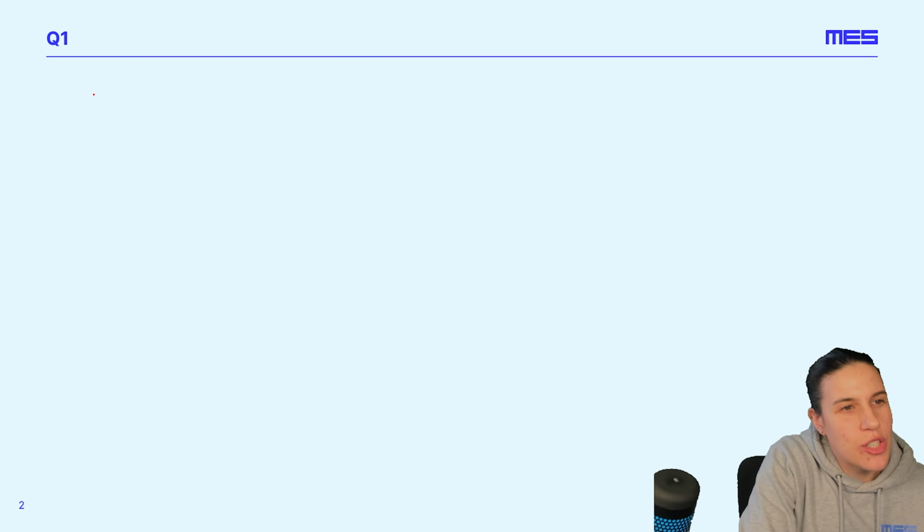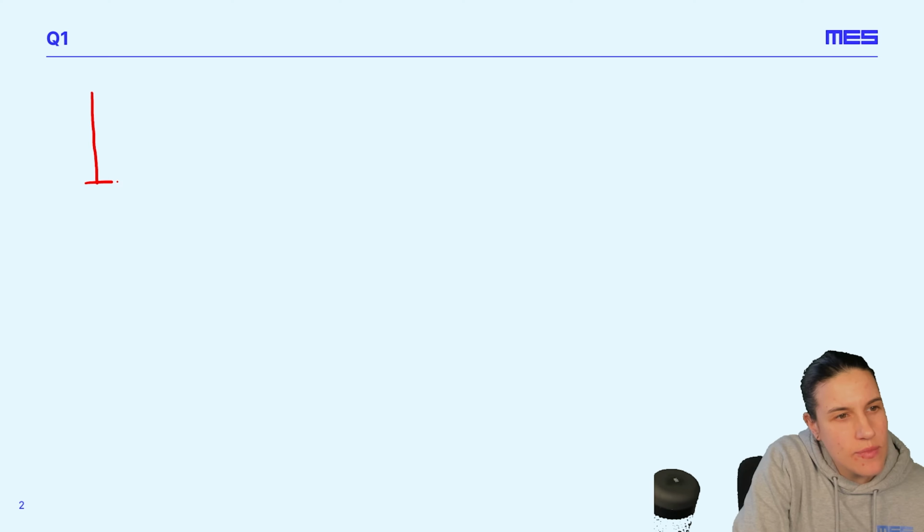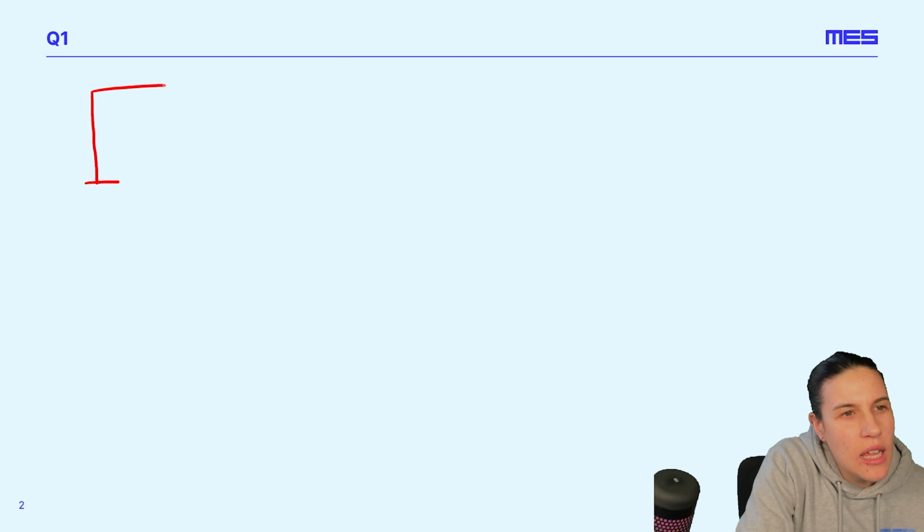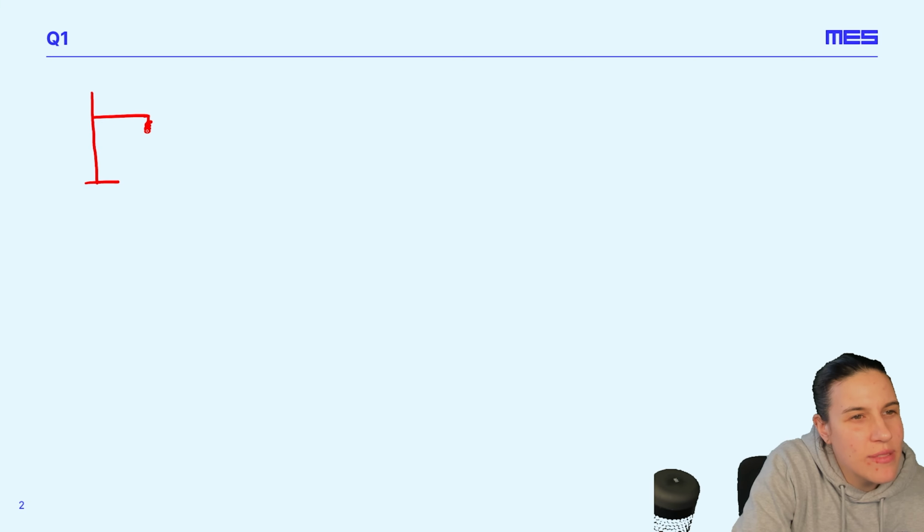So I'm going to start by drawing my clamp stand. And then, that wasn't a very good clamp stand. Let's try more like this. Lovely. Okay, so I'm going to put on my clamp stand. I've got a spring. I'm going to draw masses and a mass hanger. I'm going to label all of this as well, because that is the way to definitely make sure that the examiner knows exactly what's going on here.